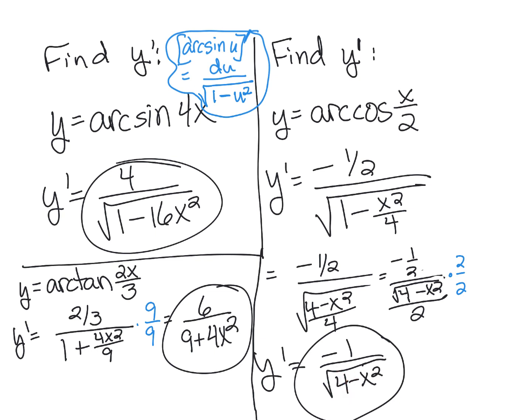So when we integrate, our format's not going to look the same. So the more derivatives you take and simplify, the easier it's going to be to integrate. So please do all of this homework and simplify all of your answers before you start the next section.